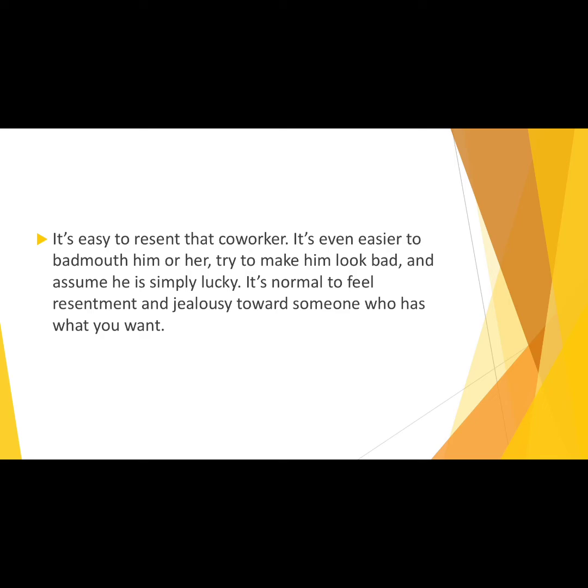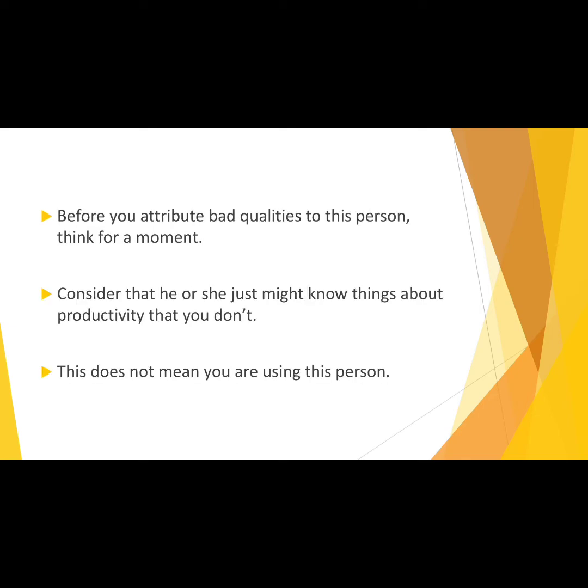It's normal to feel resentment and jealousy towards someone who has what you want. Before you attribute bad qualities to this person, think for a moment. Consider that he or she just might know things about productivity that you don't. If so, this is someone you want as a friend.